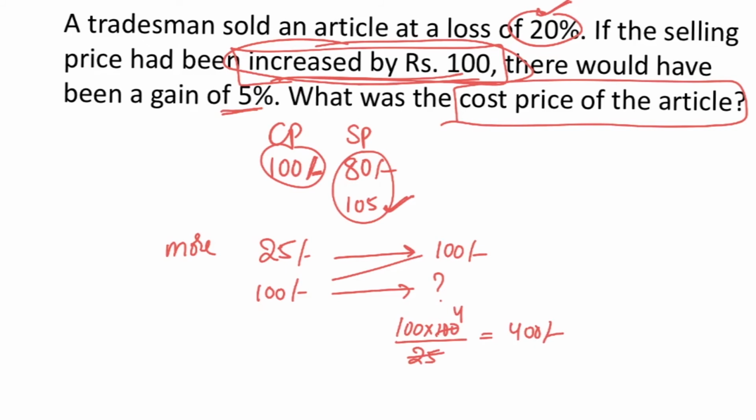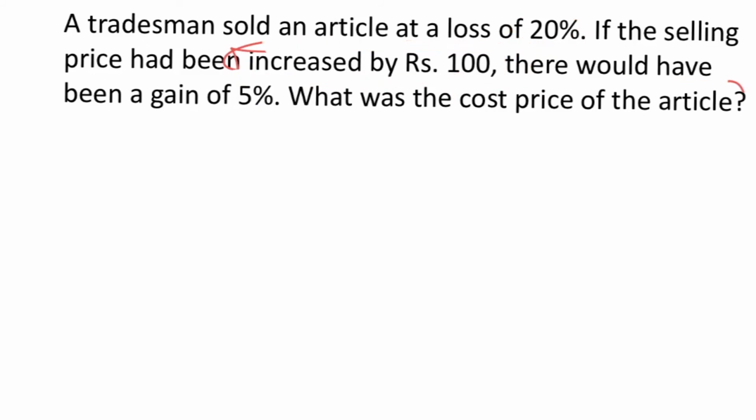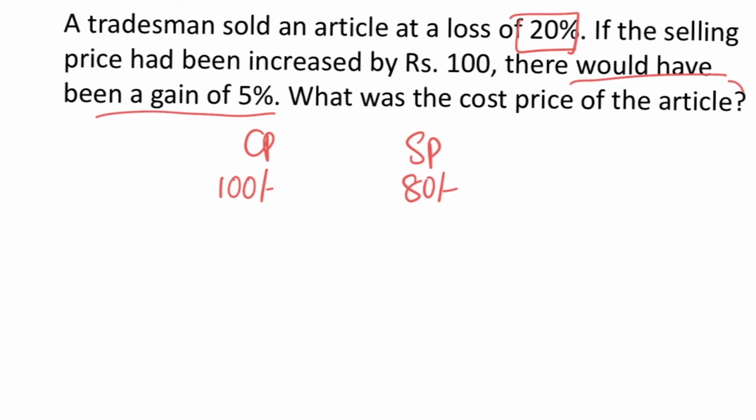I'll repeat. Cost price is not given, selling price is not given. Assuming cost price as 100 rupees, selling price is 80 rupees because there is a loss of 20%. And it is given that there would have been a gain of 5%.